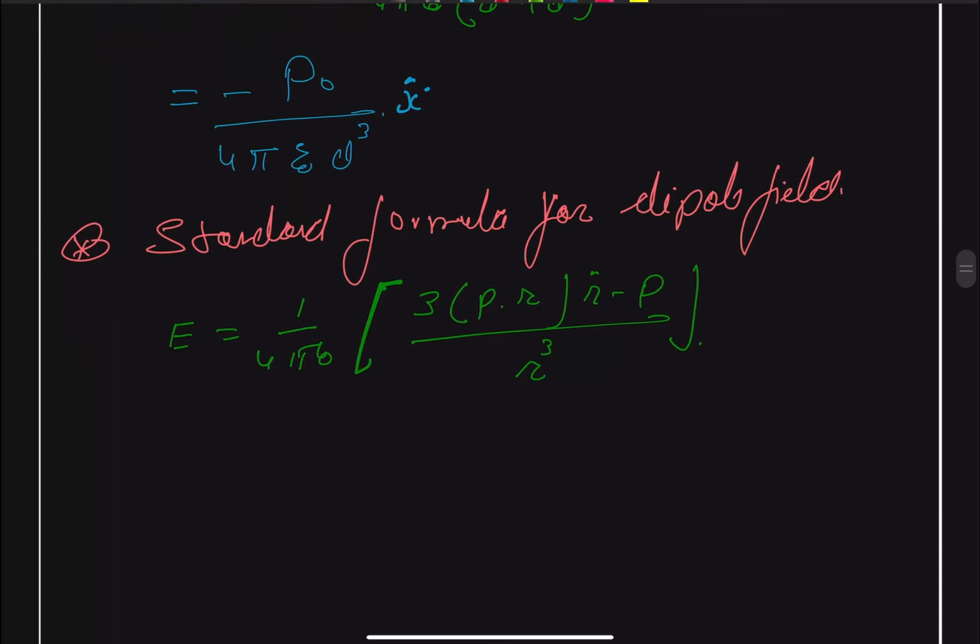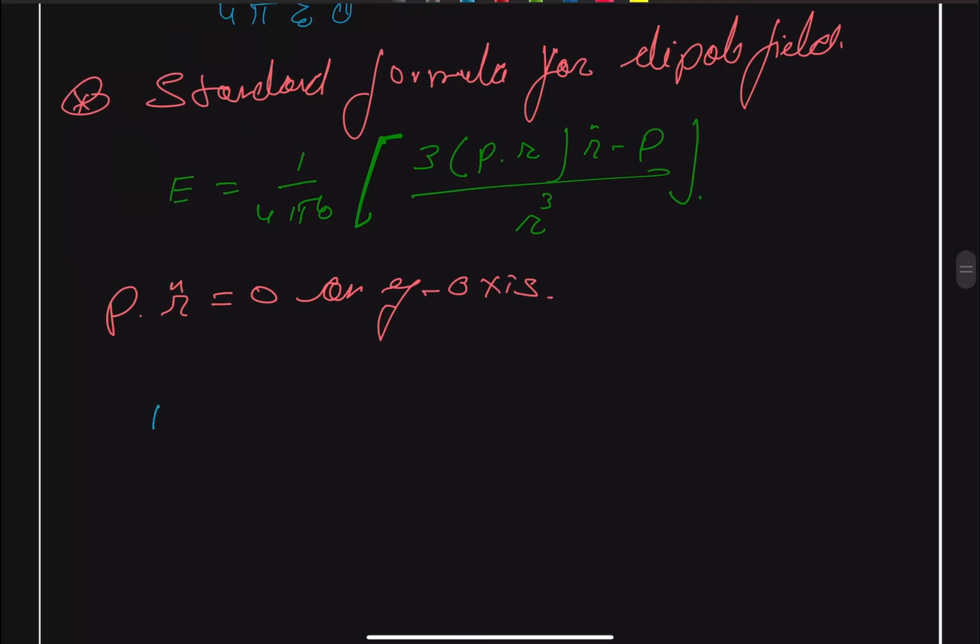But along the y-axis, this R unit vector is perpendicular to our dipole. So we can say this P dot R is equal to 0 on the y-axis.